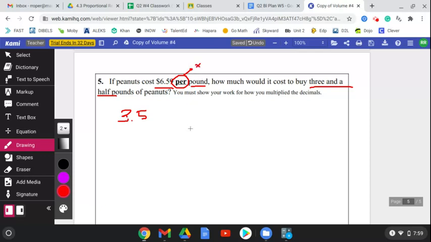So I'm going to have $6.59 times the number of pounds, which is 3.5. So 6.59 times 3.5. You might need to round here to the nearest cent. Remember that money has 2 digits after the decimal, and so if you multiply here and get 3 digits after the decimal, you have to round to the nearest cent.